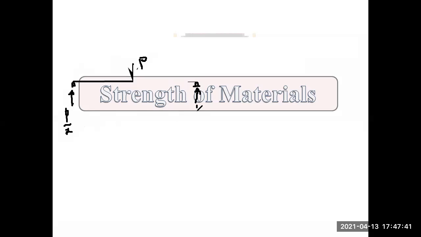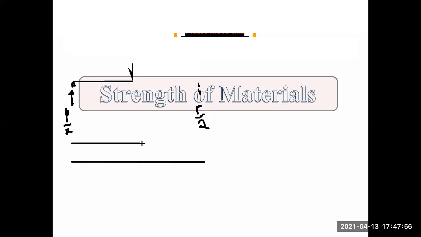So we have constructed the shear force diagram, which looks something like this. Just to remind you, this is the shear force diagram. I have P over 2 from here up to midspan, then P over 2 on the negative side up to the end.